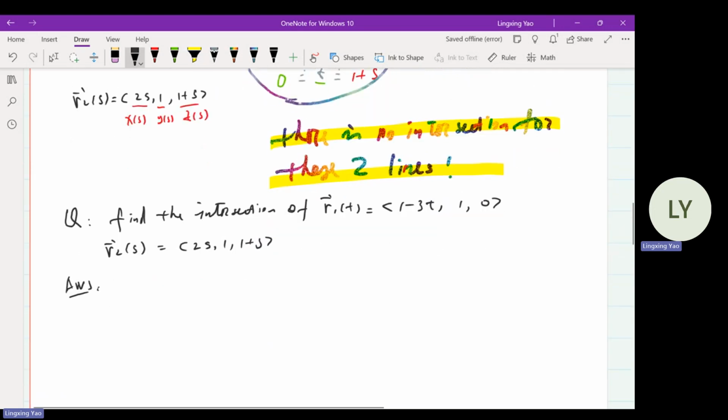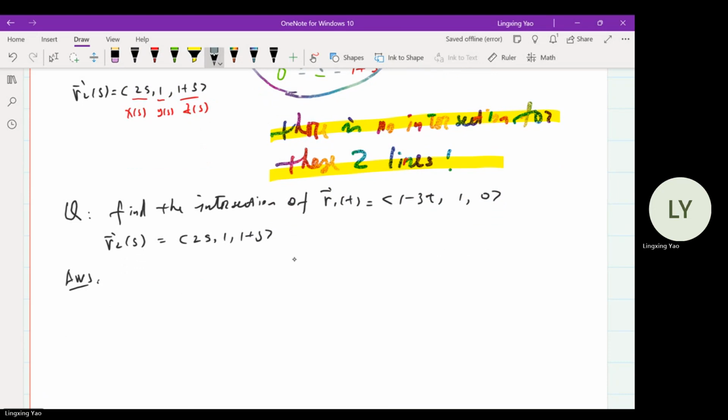It is very similar. We still try to get the point x, y, z.